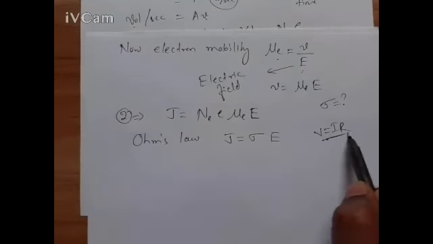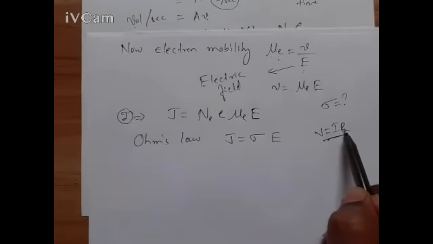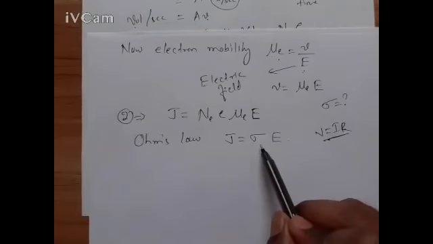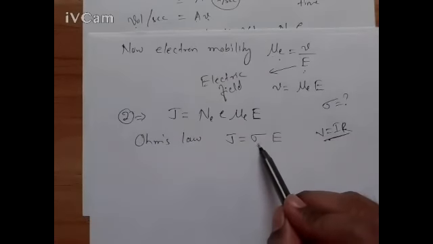The problem here is that resistance will change as the material changes. If the length of the wire is more, then resistance will be more. That will not happen in this case. This conductivity will be the same for any length of the material.